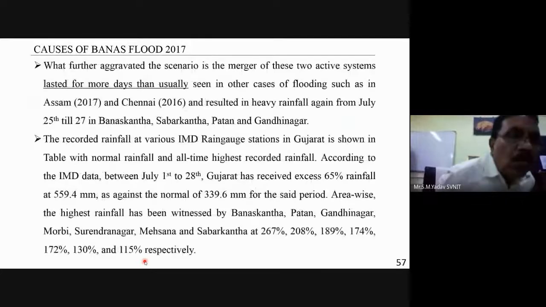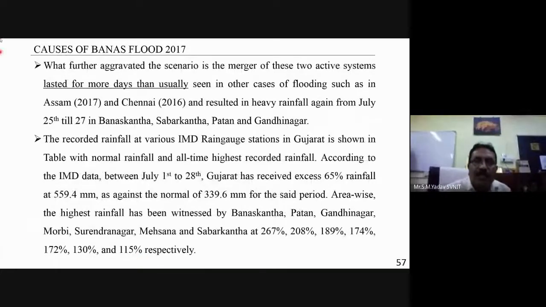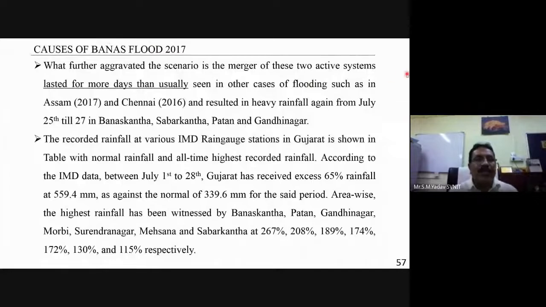What further aggravated the scenario is that the merger of these 2 active systems lasted for more days than usually seen in other cases of flooding, such as in Assam 2017 and Chennai 2016, and resulted in heavy rainfall again from July 25th till 27th in Banaskantha, Sabarkantha, Patan, and Gandhinagar.